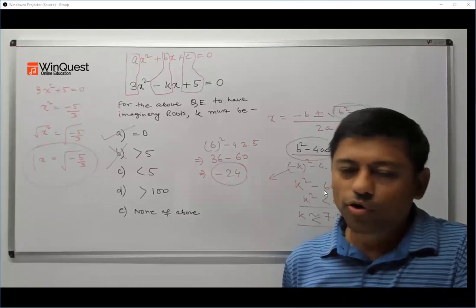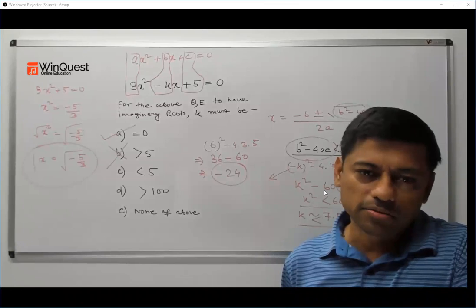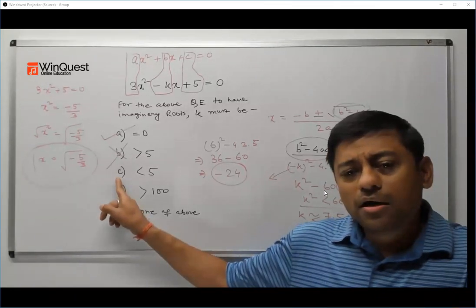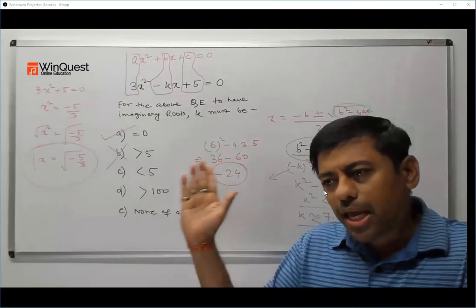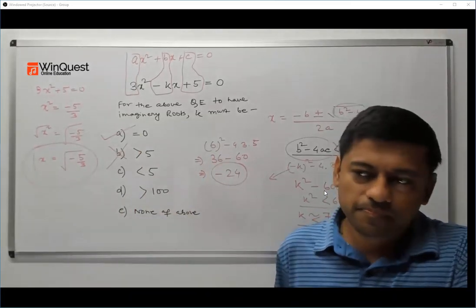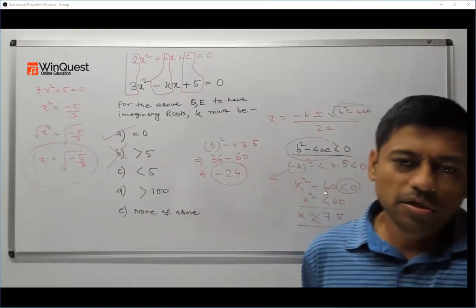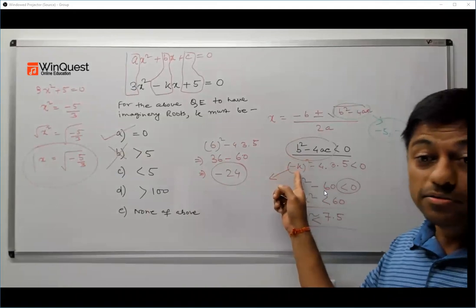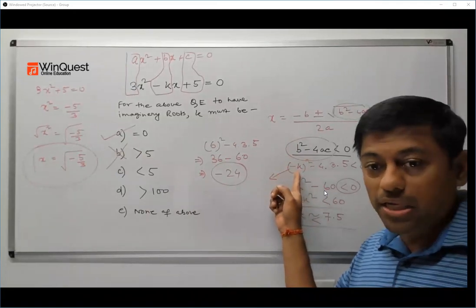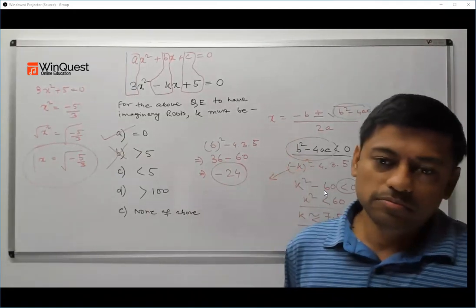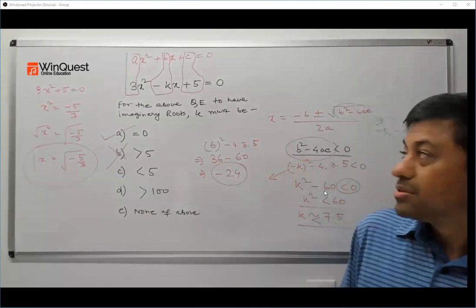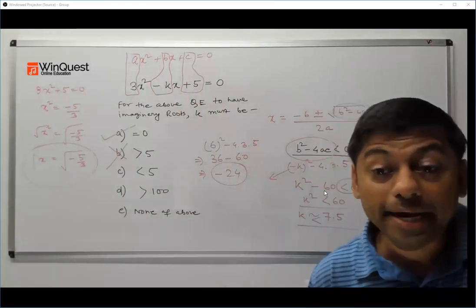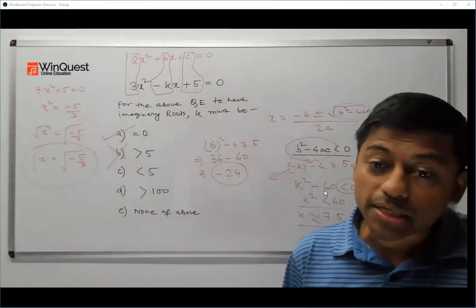Okay. For those who are not very clear, I will give you a hint. Take anything which is less than 5. Take -6. Put it in this expression for b. Why am I saying to put it in b? Because b here is minus. You are taking a negative term, which is -6.